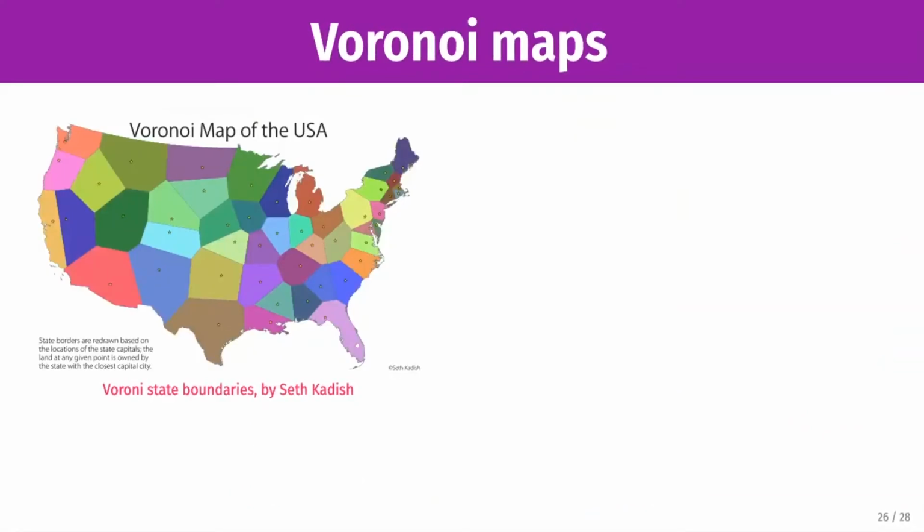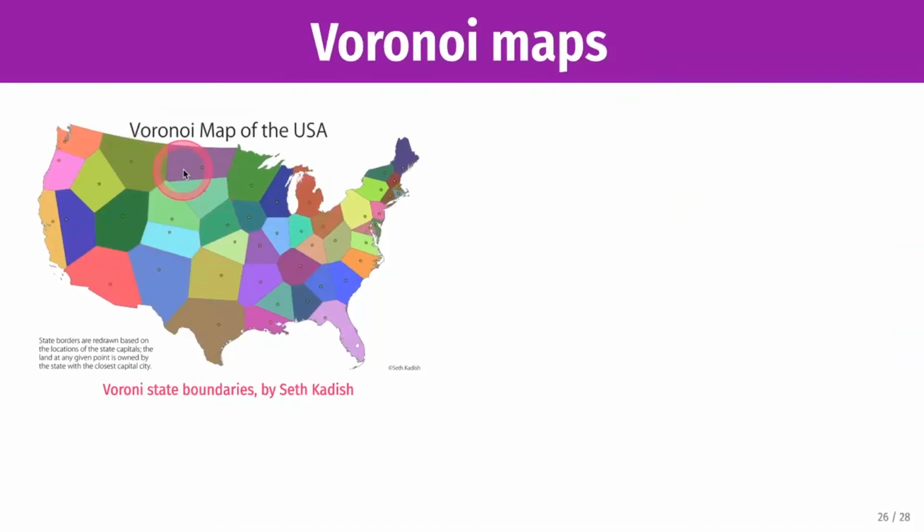These are called Voronoi Maps, where they basically say you take this point, and every point in this region, the closest main point is down here. And so really each of these points here is the capital of a state.